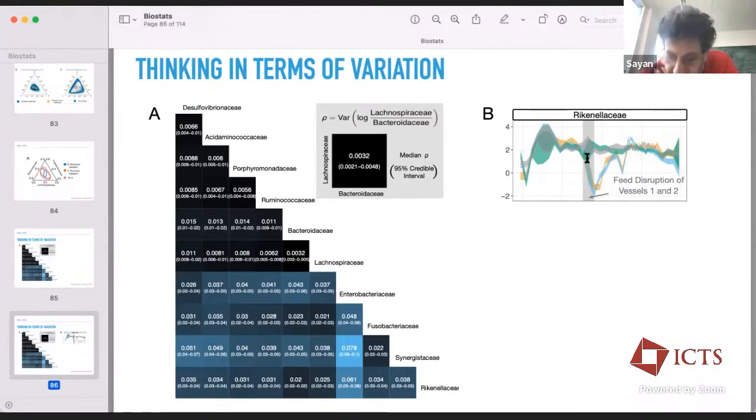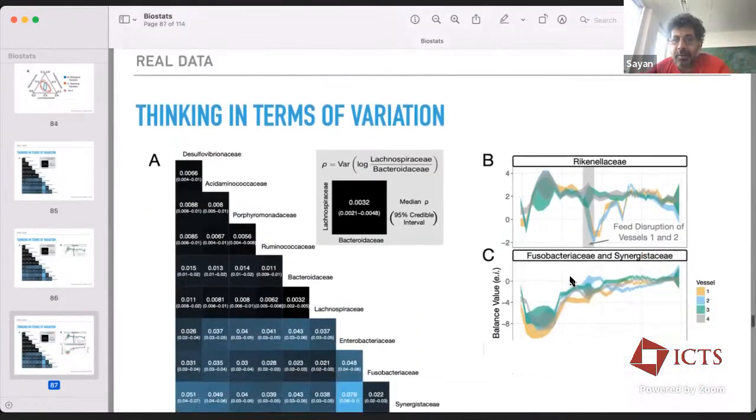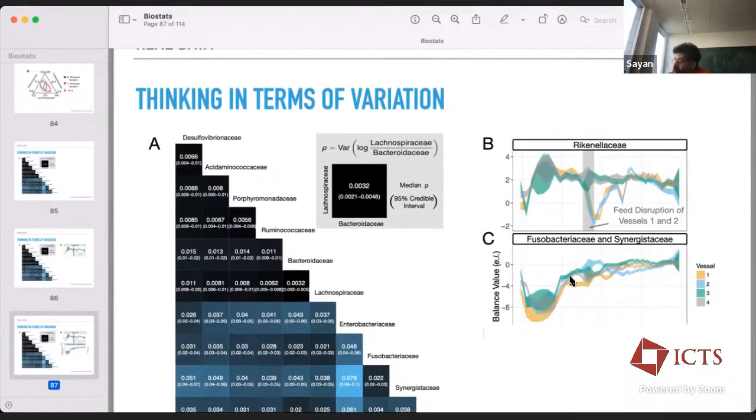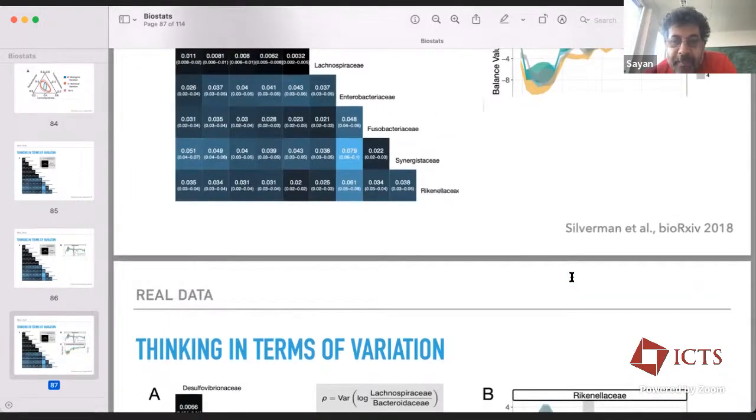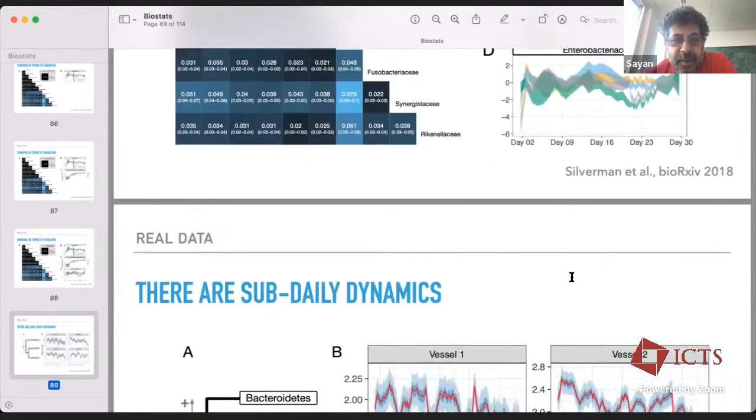So you can start seeing things that are changing. And we've used these ideas as well to ask about how in baboons, are there universal rules of microbiota that are changing, or is it specific to individual baboons, or is it specific to troops? So you can use these tools for asking questions like that.